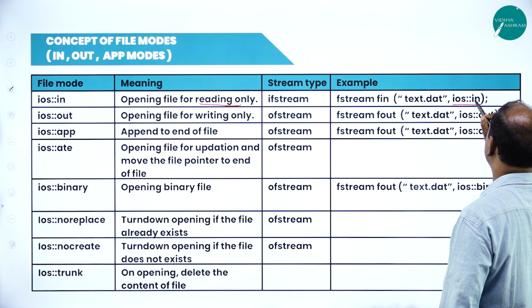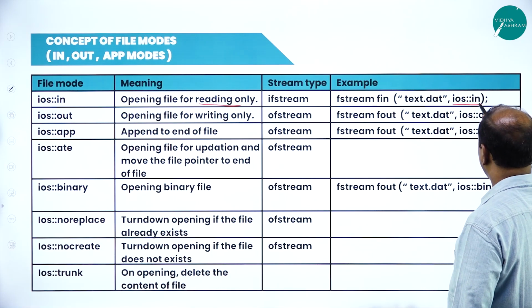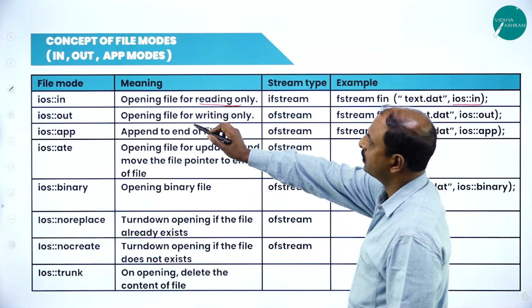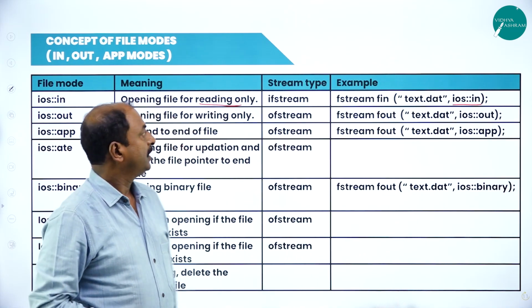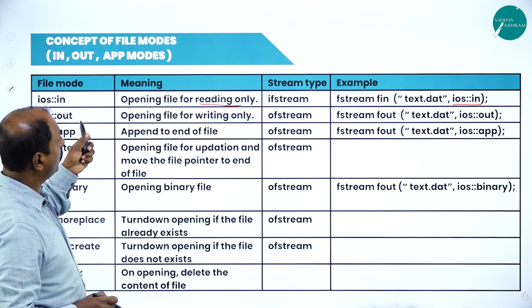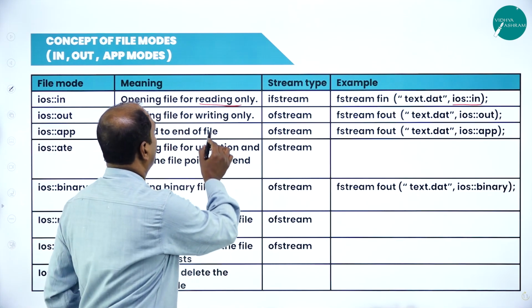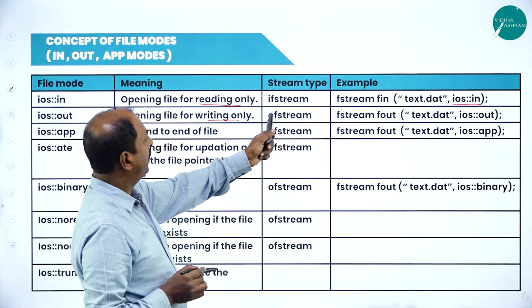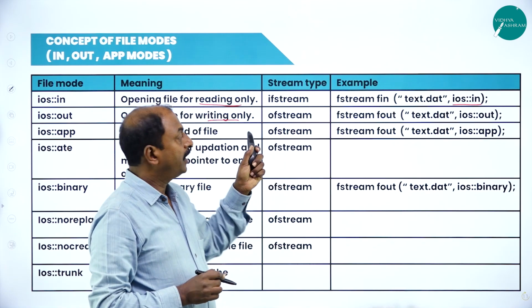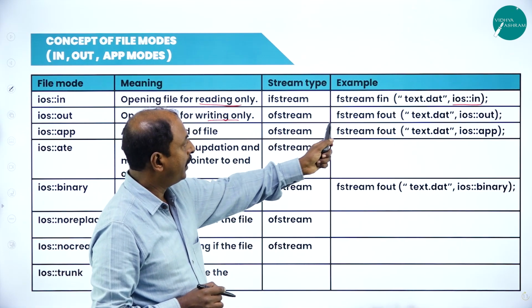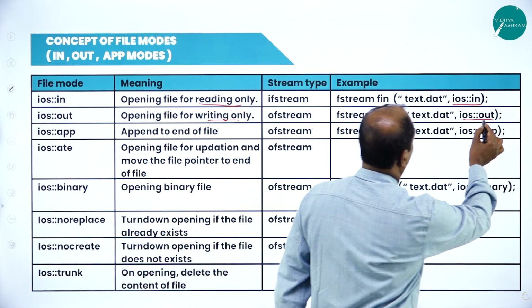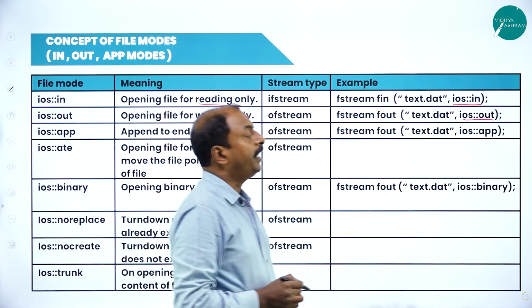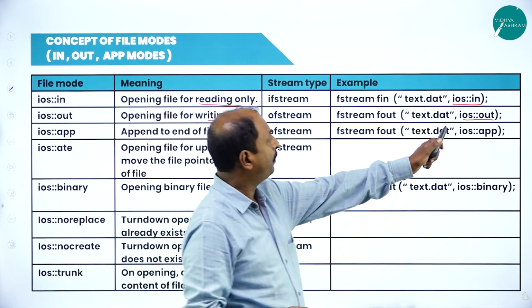So ios::in is open for reading only, or input mode. Similarly, ios::out is for writing only, for output purpose, and it belongs to the class ofstream. As an example, with fout, the file text.dat is opened for output operation.